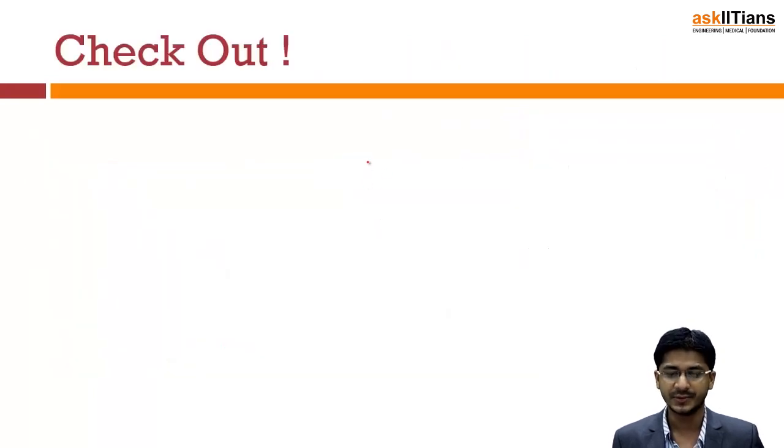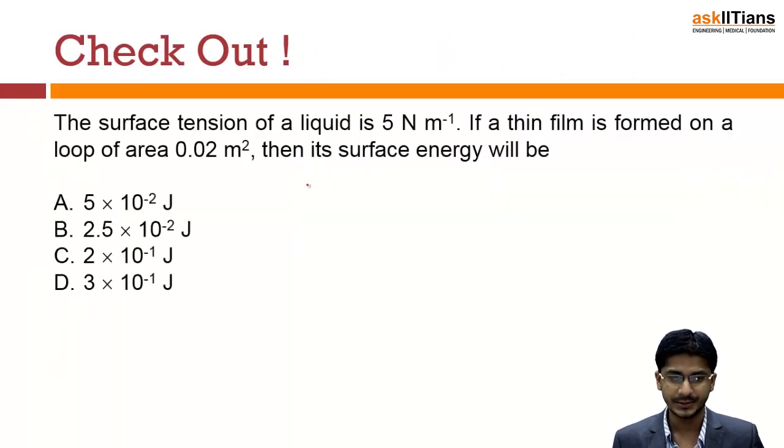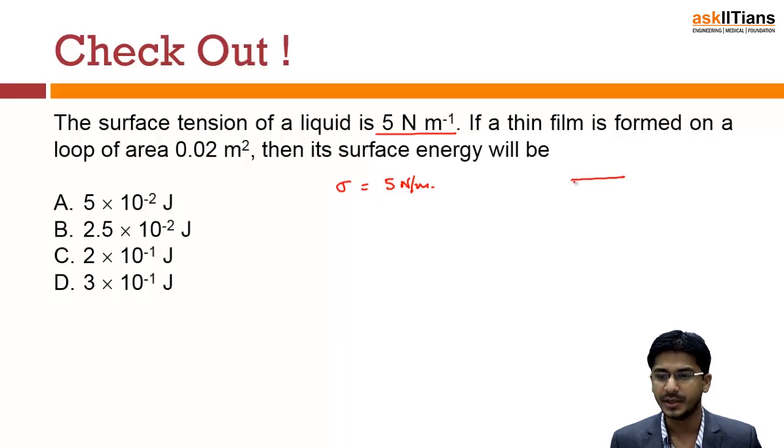Now let's solve some questions. The question here is, the surface tension of a liquid is 5 Newton per meter, sigma is given to you. If a thin film is formed on a loop of area this, then its surface energy will be? Now there is a thin film. This film could be over this spindle shape where the liquid is there, or you can consider a spherical film on which there is a soap film.